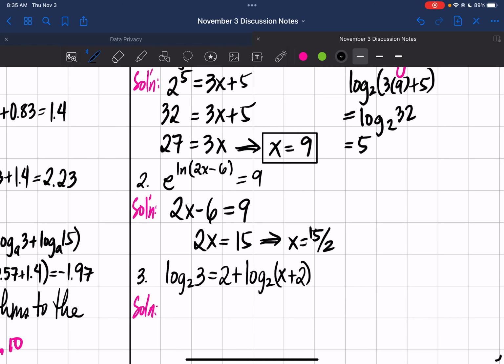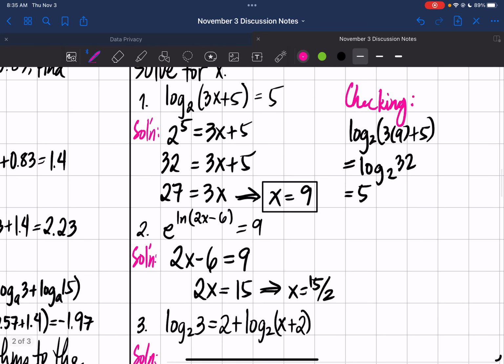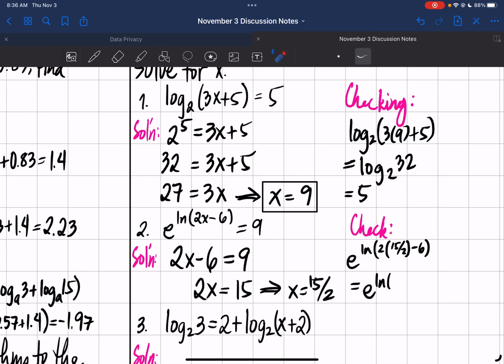So, for the checking, class, let's try to check. We have here e raised to ln of 2 multiplied by 15 over 2 minus 6. So this is equal to e raised to ln of 2 times 15 over 2, this gives us 15, then minus 6.